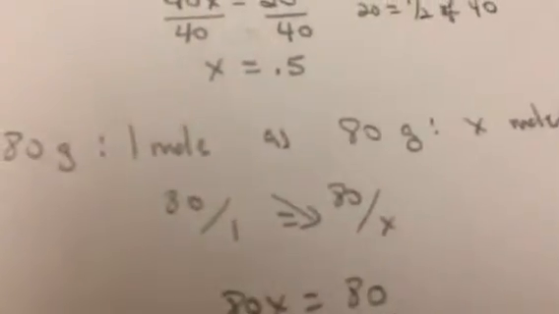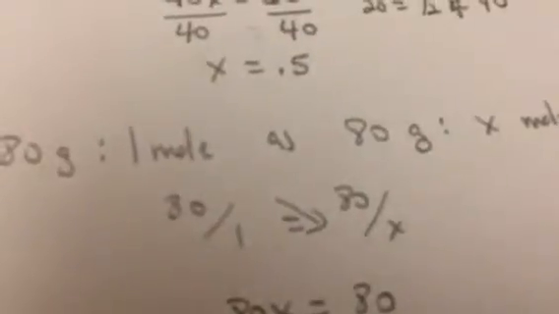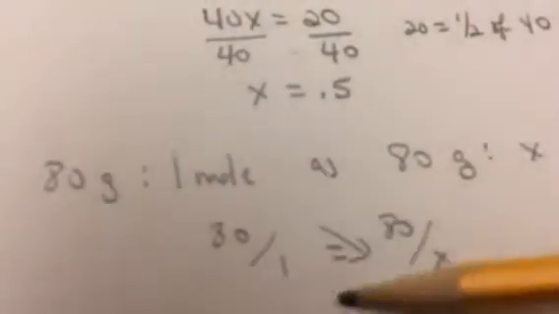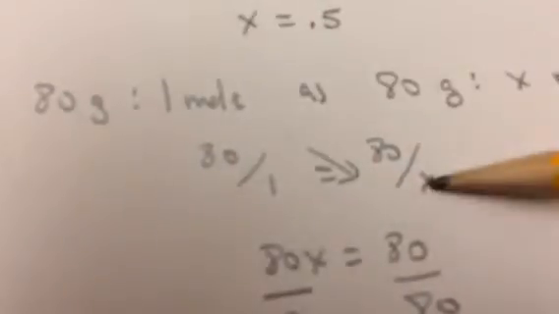Well, we know it's 1 because it's on the periodic table, but if we wanted to do the math, it would be 80 over 1 equals 80 over X, cross multiply, 80X equals 1 times 80, divided by 80. 80 divided by 80 is 1. X would equal 1. So we've converted it now to moles.